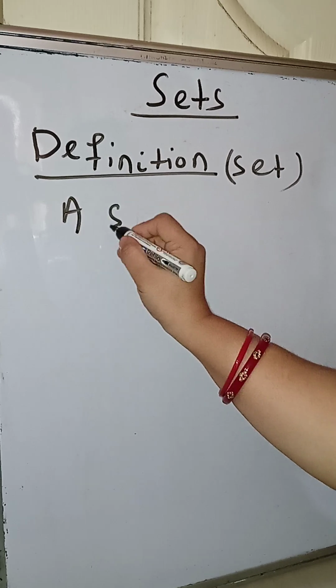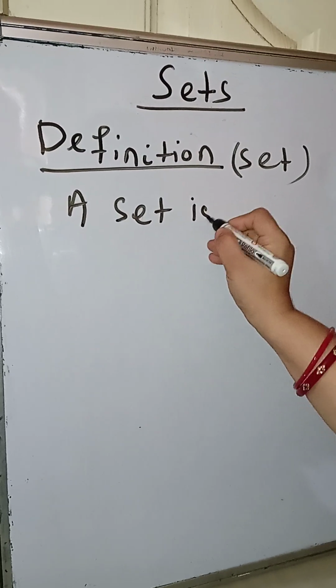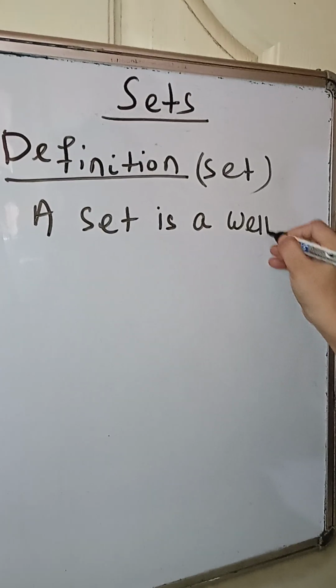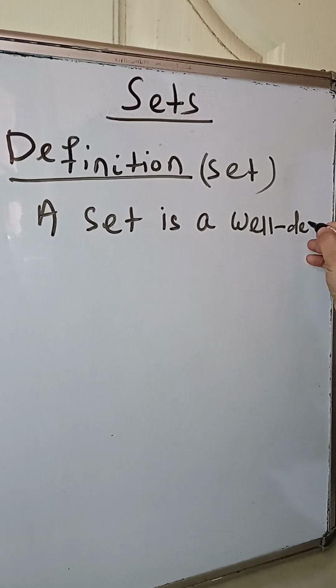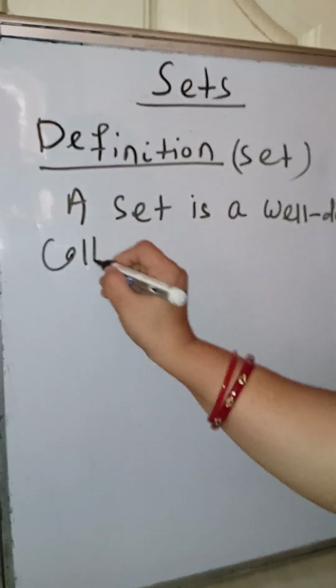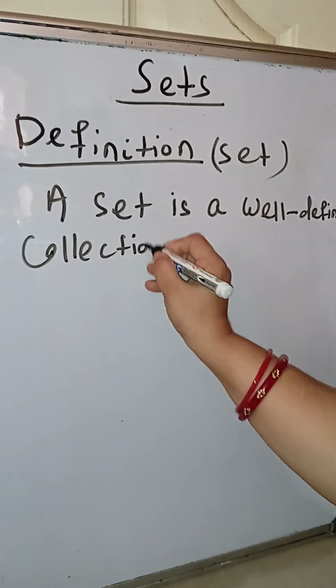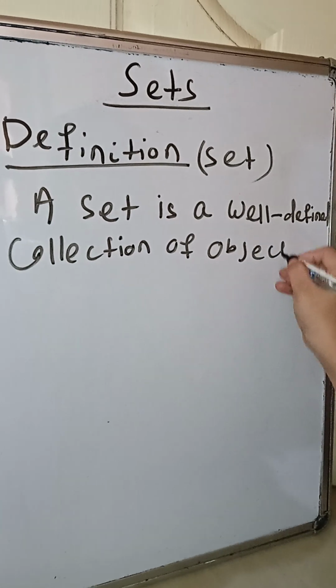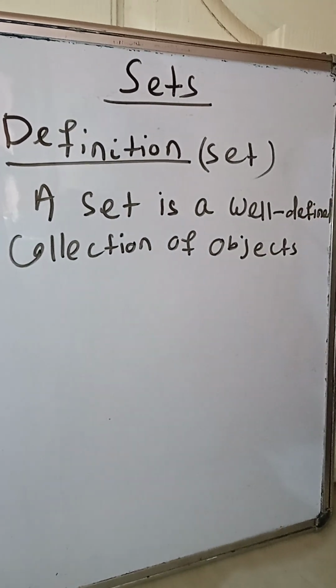So what is a set now? A set is a well defined collection of objects or elements.